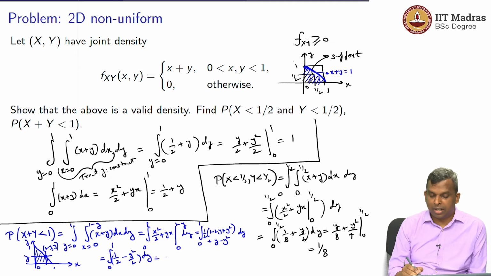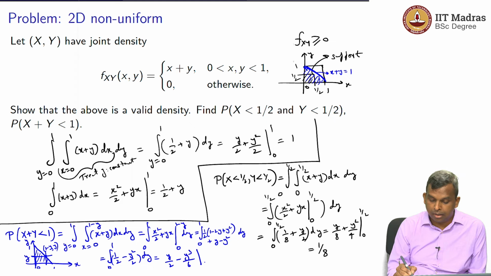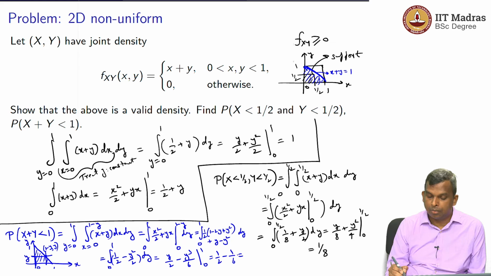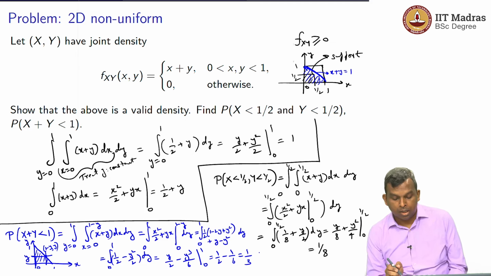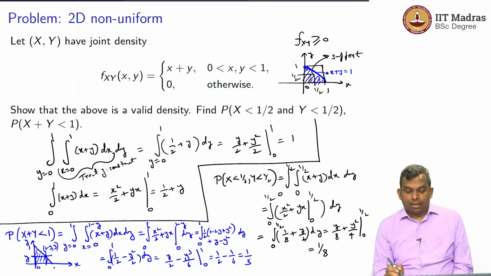So now we are in familiar territory. This is just y by 2 minus y cubed by 6 between 0 and 1, and that is just half minus 1 by 6, which is 1 by 3. Okay.